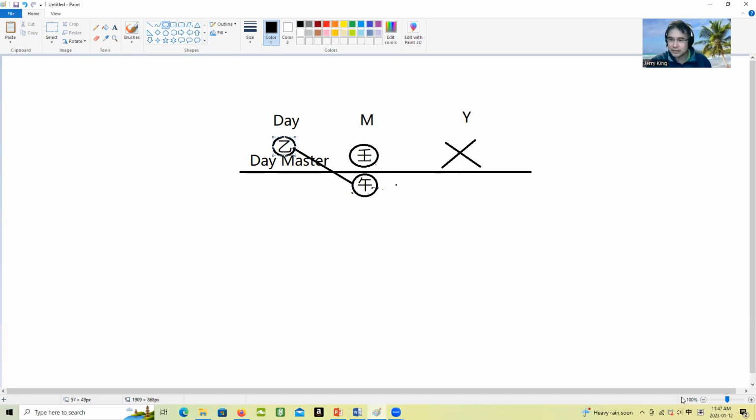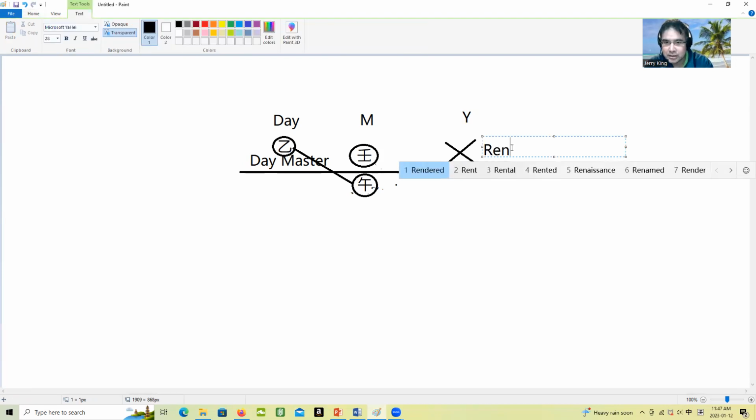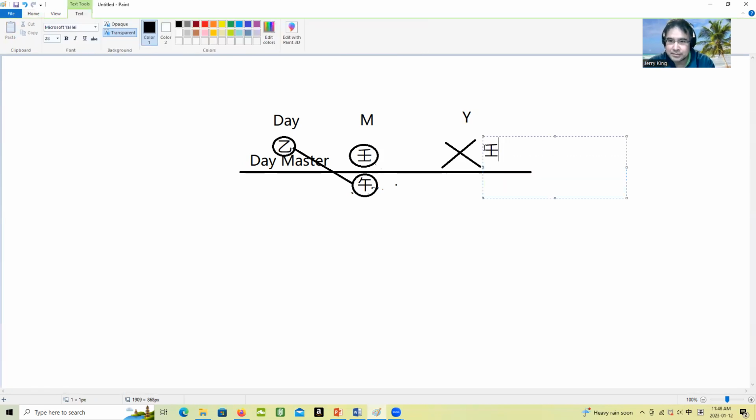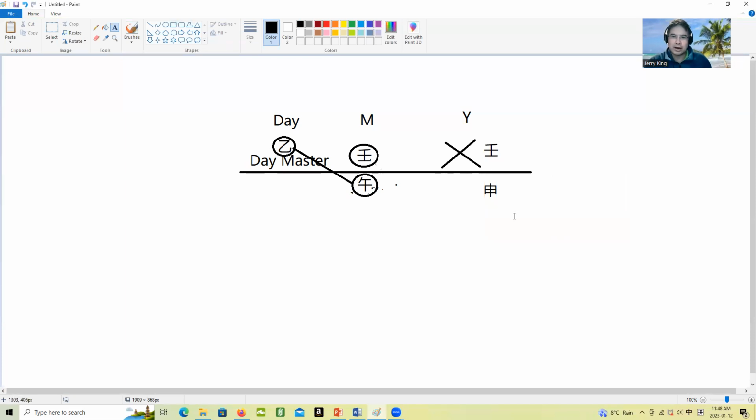Let's say I add another Ren here, and then we have Shen in the year. That makes it worse, because now this whole water is completely rooted. The water is actually blocking the fire, so it's very difficult for this person to showcase himself.